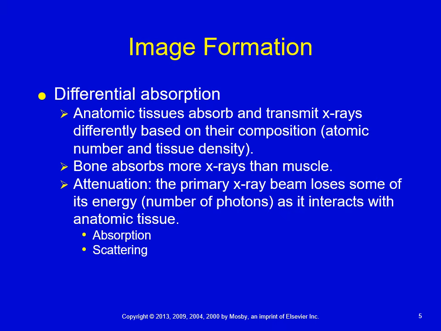So we're going to start off with basically the question: why do we see what we see on our X-ray image? The book defines image formation as a result of differential absorption of the primary X-ray beam as those X-rays are interacting with the patient's body.